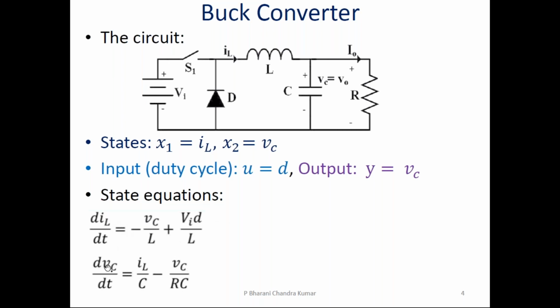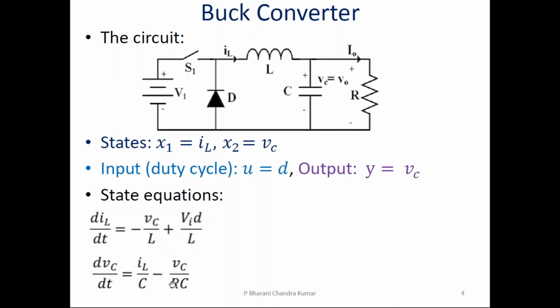So the two state derivatives, x1 dot and x2 dot, you are able to get from here. And you can see that this is the control input D, not the VI. VI is the constant in this particular case. So this D, or the gating pulses, or the duty cycle, whatever is going to this particular switch, is considered as the input.